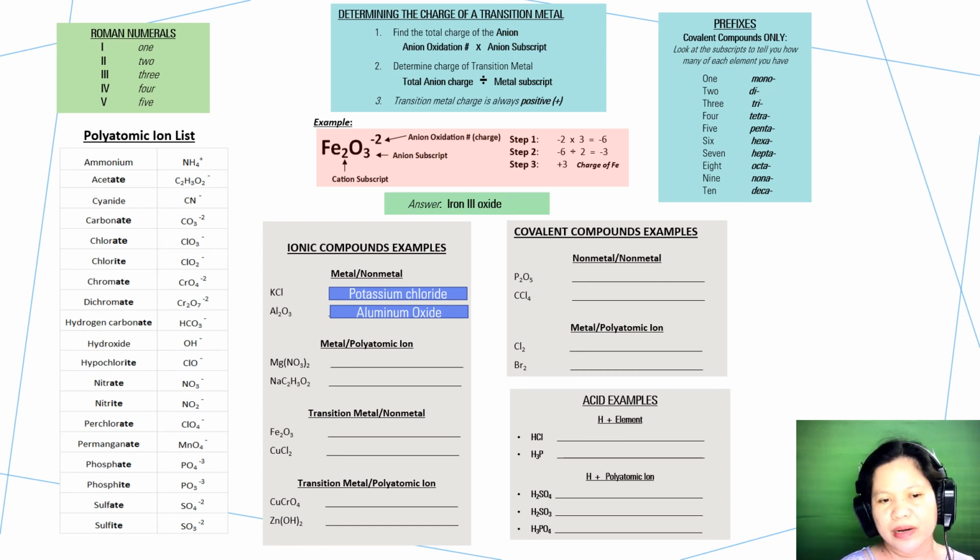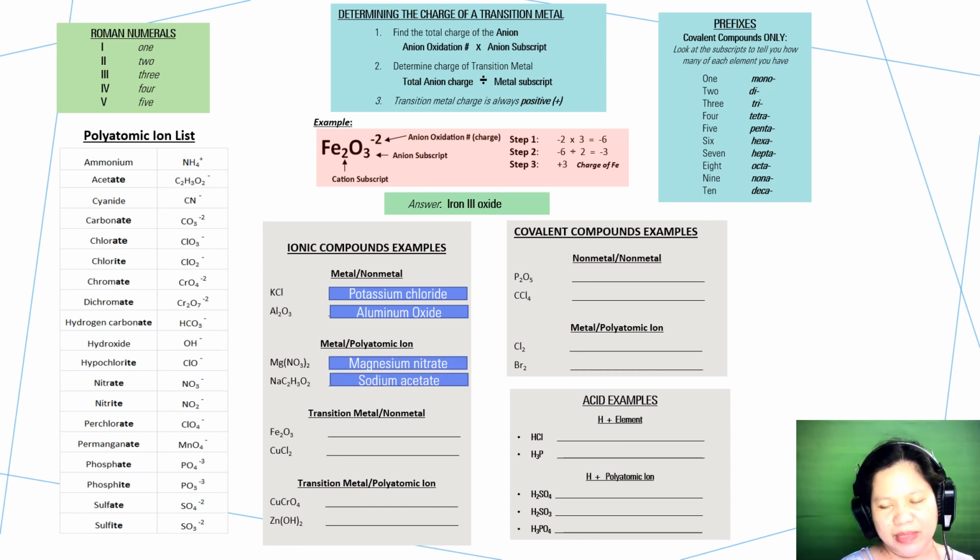Okay, third, you have metal and polyatomic ions. So name first the metal, which is magnesium, and the polyatomic ion. Hanapin mo lang dito sa list. So that will be magnesium nitrate. And then, the second example is sodium acetate.